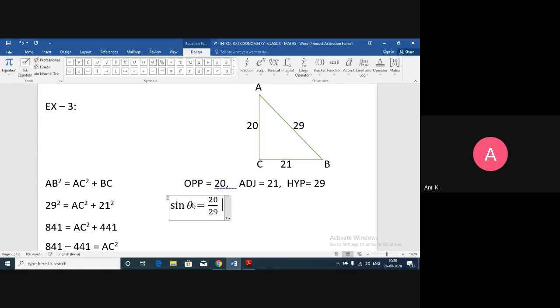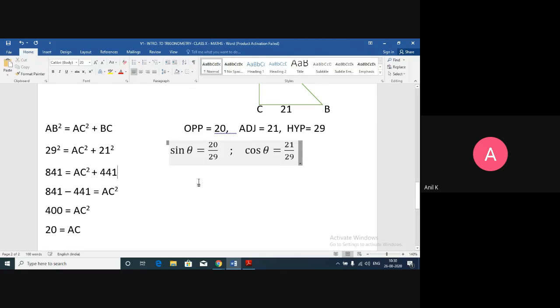This is the sine value. Now we go for the cos theta value. What is the cos definition? Adjacent upon hypotenuse, so 21 upon 29.